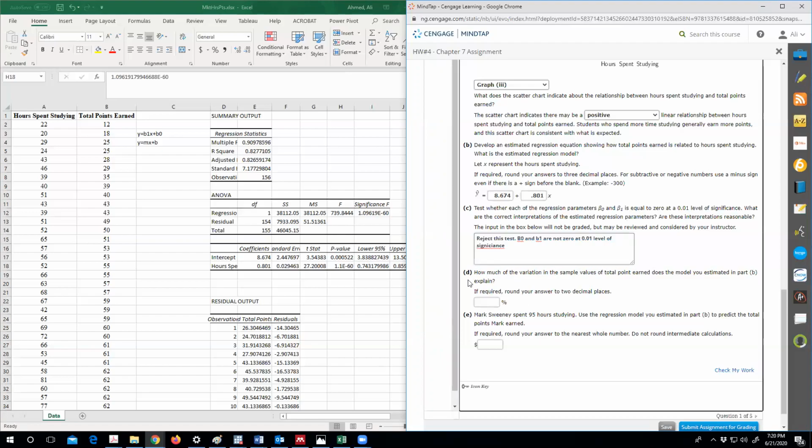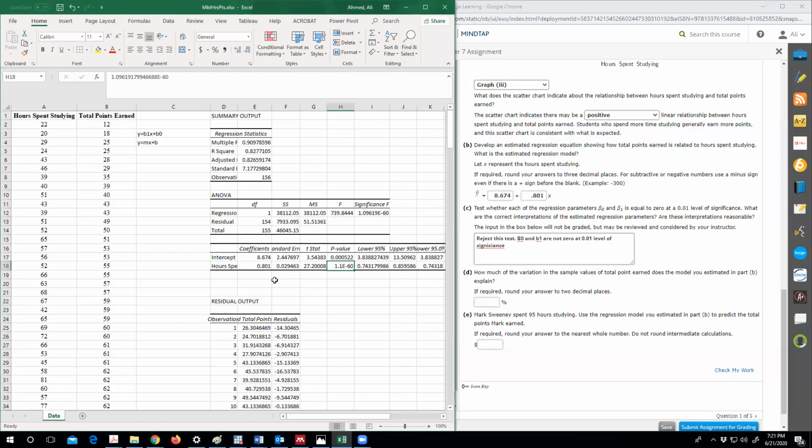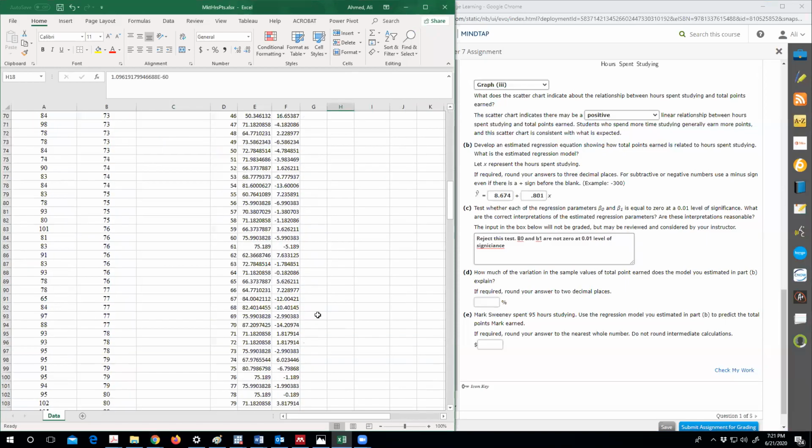All right, so the last part of this part D is how much variation in the sample values of the total points earned does the model use? How much does the model actually explain the variation? The goal is to explain the variation.